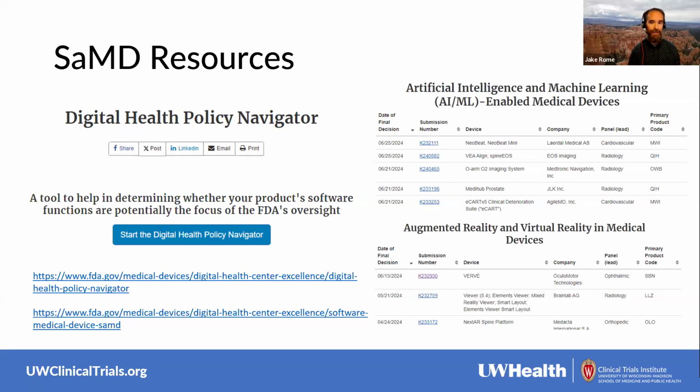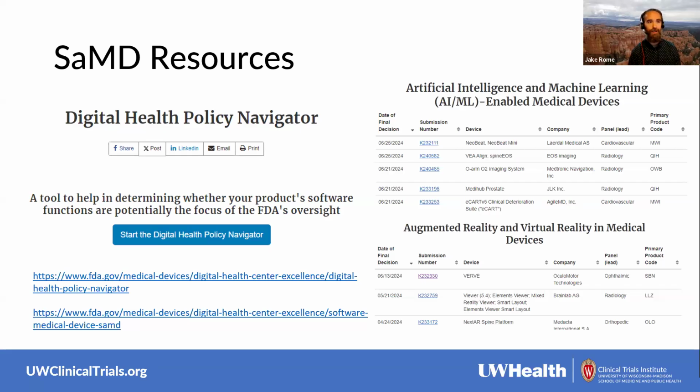If you are using a device in research and it classifies as a clinical investigation of a device, then you are responsible for jumping through all the FDA's IDE hoops as needed, and as we'll discuss in a little bit. So that enforcement discretion doesn't get you out of everything, particularly in the research context. It just means you don't necessarily have to submit something to the FDA before you can market it officially as a product. It's sort of silly that they do it that way, but that's just the reality of software as a medical device as it is.